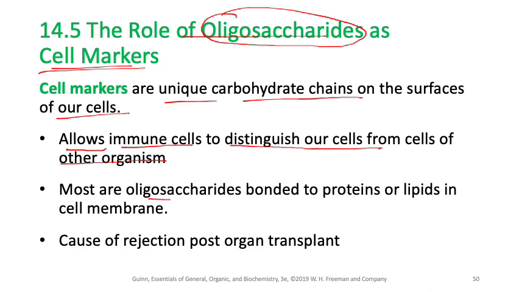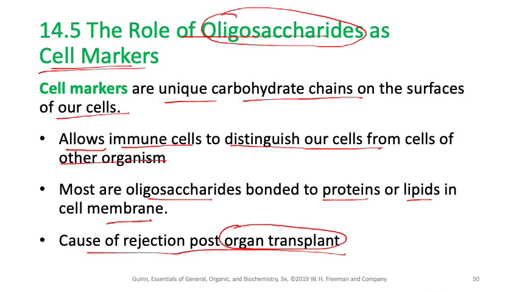And then most of the oligosaccharides are bonded to proteins or lipids in a cell membrane, and are a cause of rejection after organ transplant, because if somebody has an organ transplant, the organ has different oligosaccharides present on the cell membrane compared to the cells that person already has.